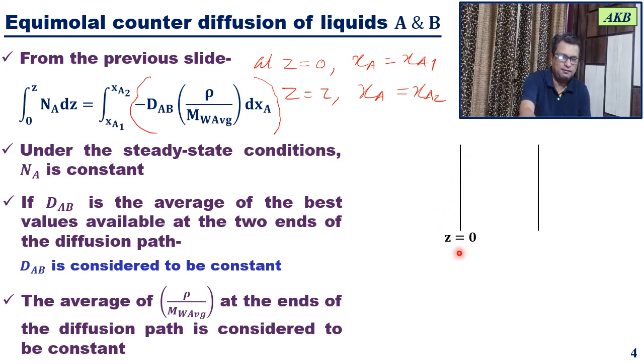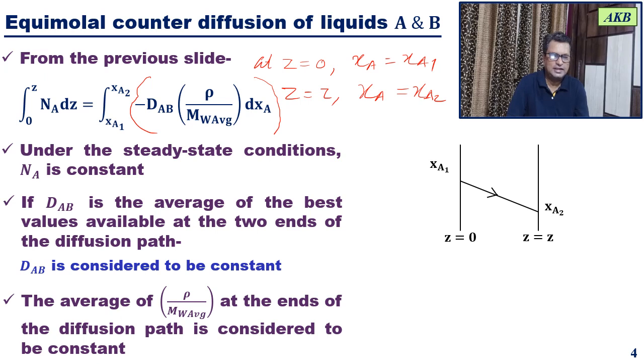So you have plane z is equal to 0, you have the plane z is equal to z. Diffusion is taking place from a point where concentration is xa1 to the plane where its concentration is xa2. If the best value of DAB is known to you, let me explain.